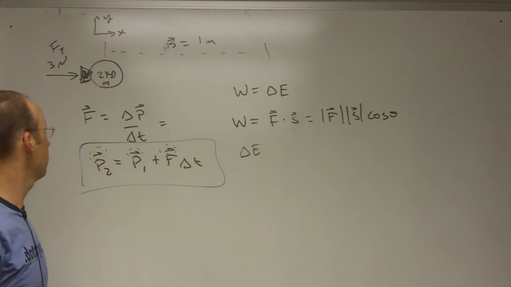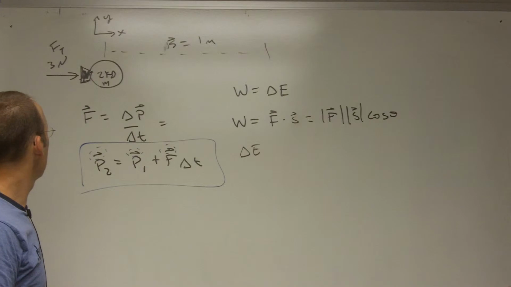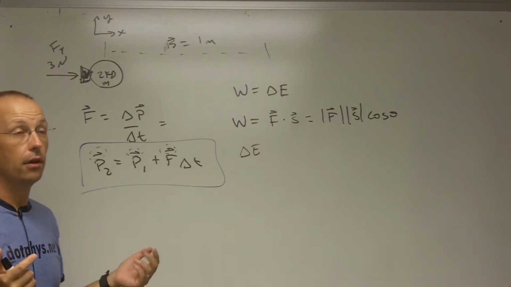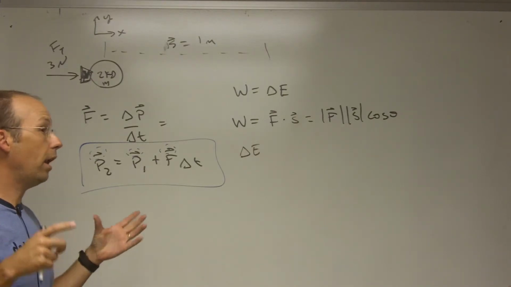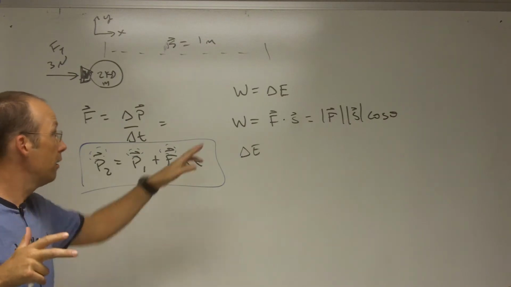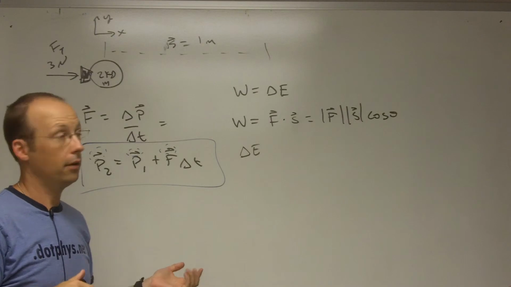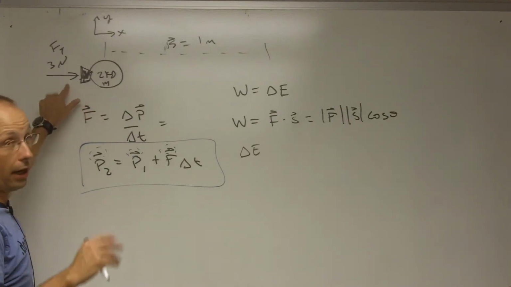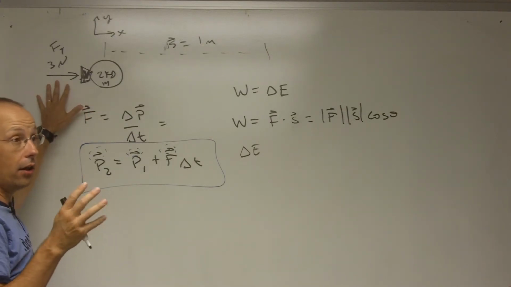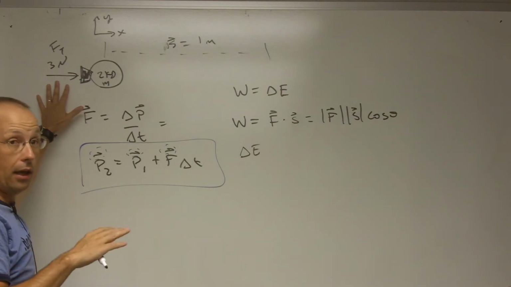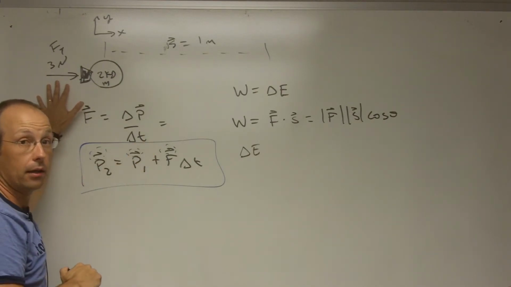That's the best choice. But in other cases, you could pick other things. But the key is, if you have a system, this is really the work done on it by the outside. So in this case, I'm going to have work done by the rocket. I can't have the rocket and all the gases as part of my system, because if I did that, I wouldn't have work done by that.